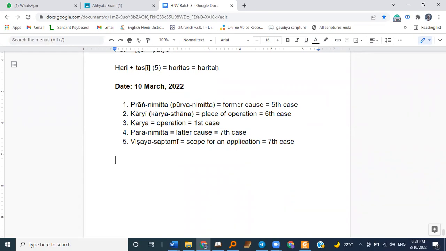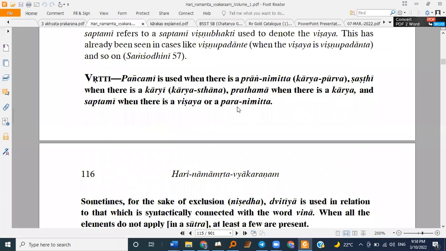So how do we differentiate Paranimitta and the scope? What exact scope? Yes, that's why. Do you remember one maxim in Akhyata? Bhavini Bhutvad Upcharaha? Oh no, I did not.